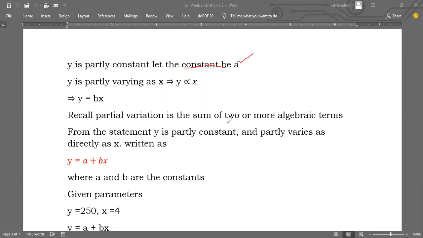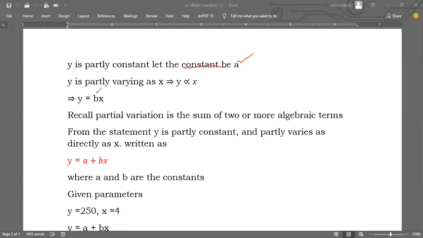That's the first statement. Then they told us again that y is partly varying as x. How do you express that? Look at the proportionality sign: y varies as x. And you know this, for you to remove the sign, you introduce an equals sign, meaning y is equal to bx.